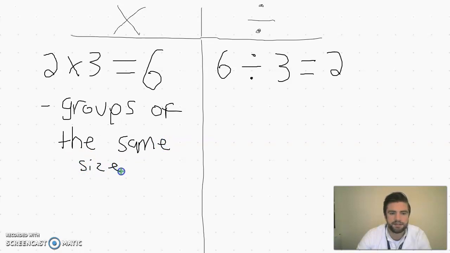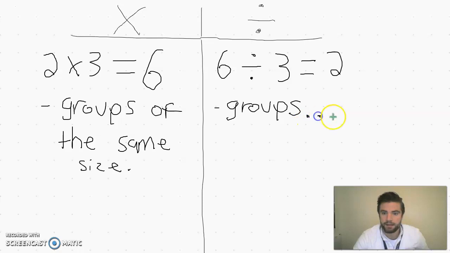All right, so let's turn this division problem into a sentence as well. So 6 things divided into groups of 3 means that there's 2 in each group. So with division, we're also talking about groups of the same size.